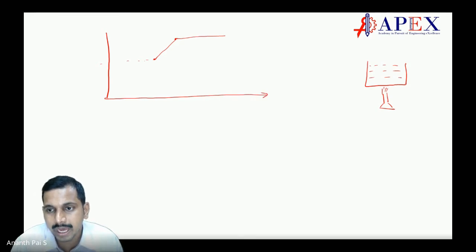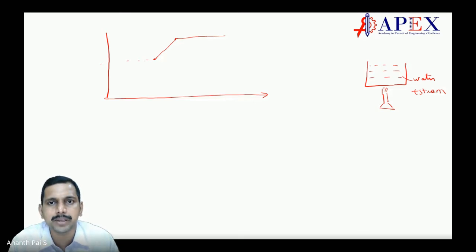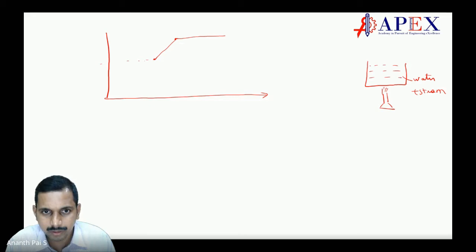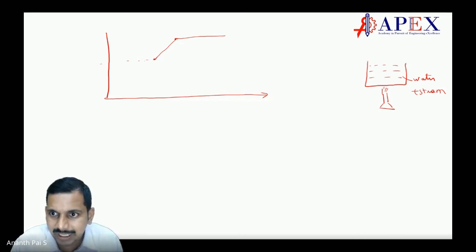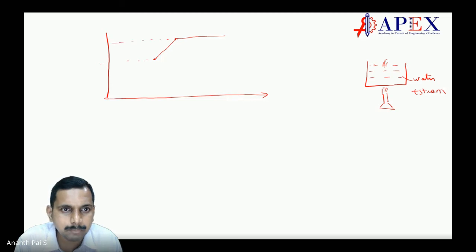So if you have water plus steam in equilibrium, together, then you can say that the water temperature and steam temperature is almost 100 degrees centigrade. Steam is wet steam. So that is the boiling point, which gives the temperature here as almost 100 degrees centigrade.